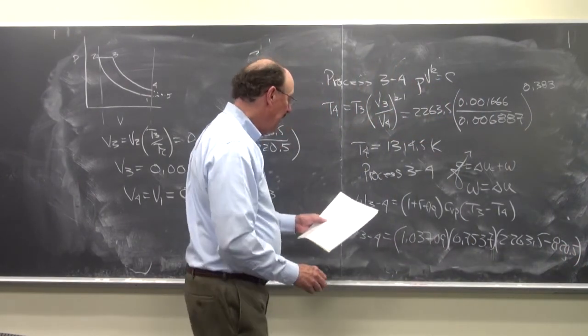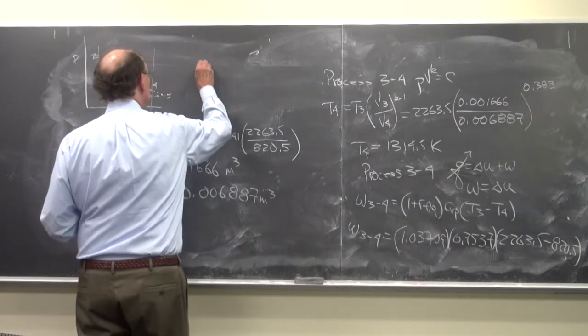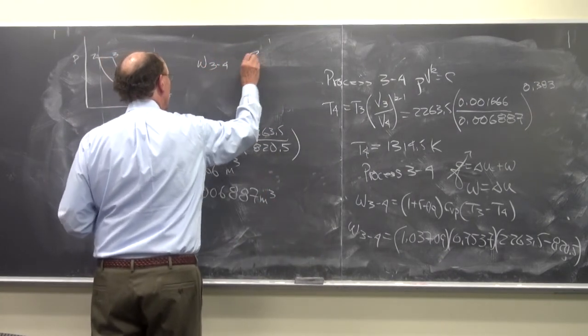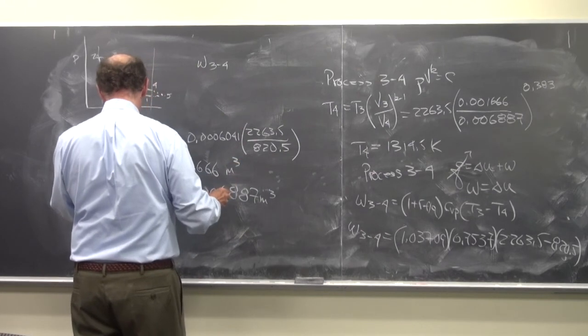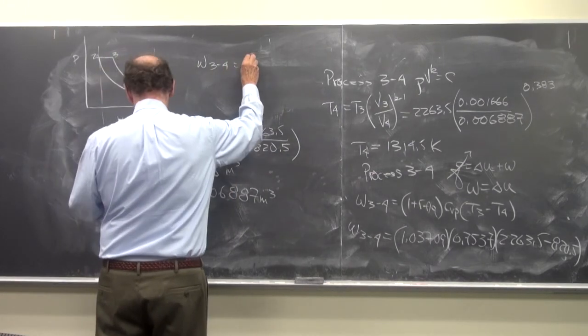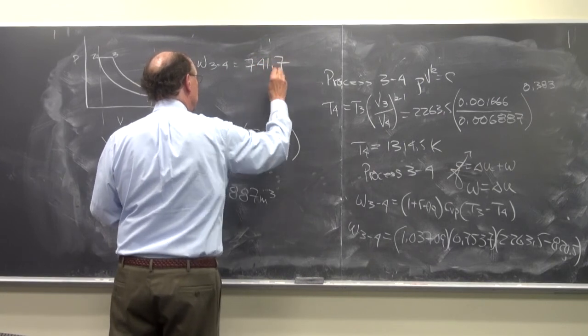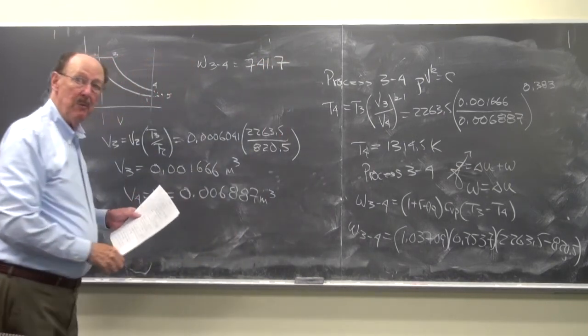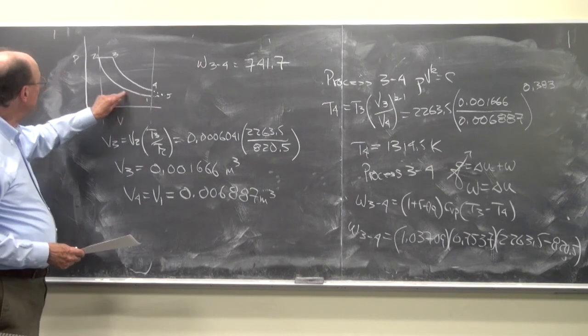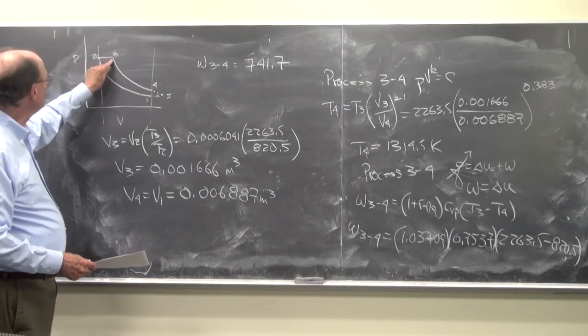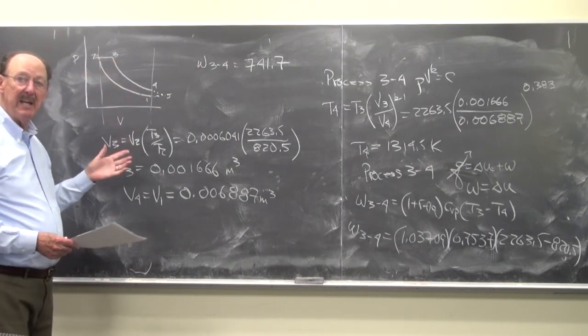It keeps going on. And so then we get W34 equal to 741.7. And so what we're doing in terms of strategy is we're finding the work here of compression. Now we'll find the work here and the work here, add them together and get the net work.